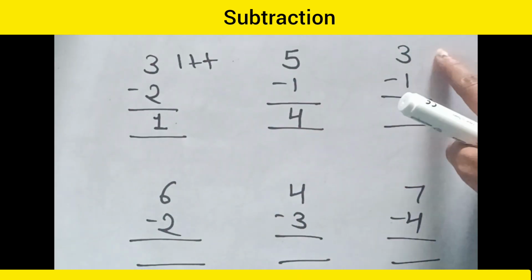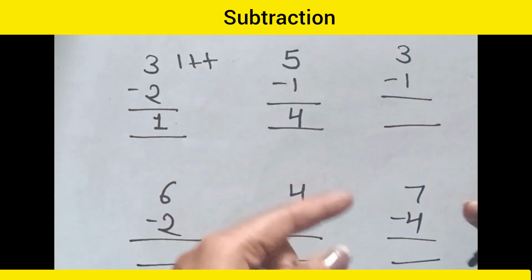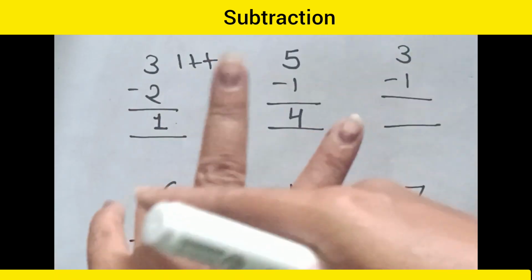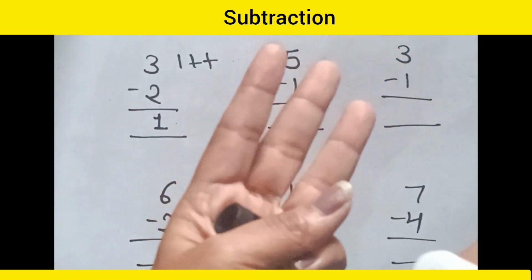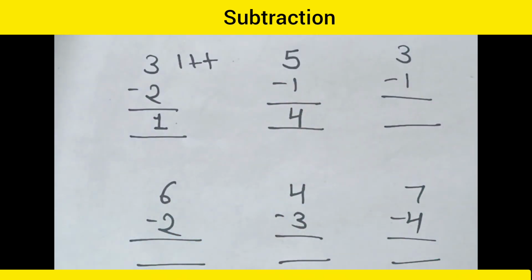And here we have 3 minus 1. So again backward counting. 3, 2. One step back. So check with the finger. 3 minus 1 gives us 2. So the backward counting method is correct.